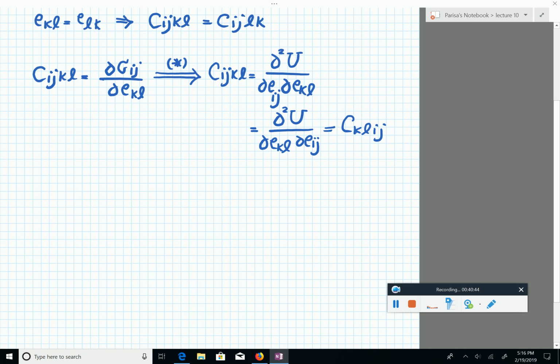Now we want to see with all these symmetries what happens. Since we know that we can switch I and J, and we can switch L and K, and not only that, we can switch the pairs, based on what I showed you above, the maximum number of independent elastic components that we can have is actually 21.